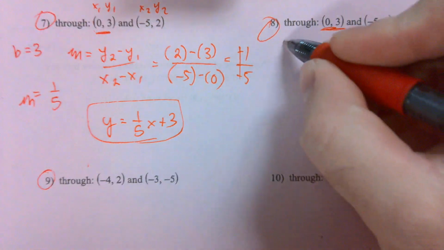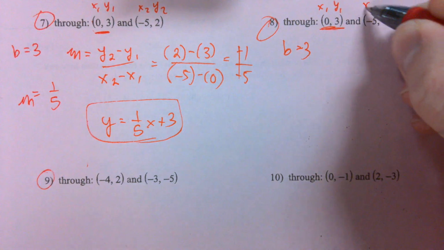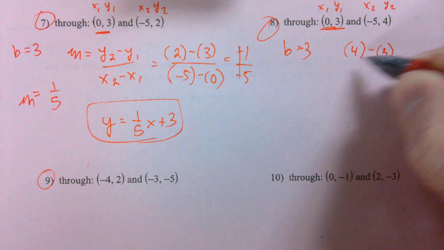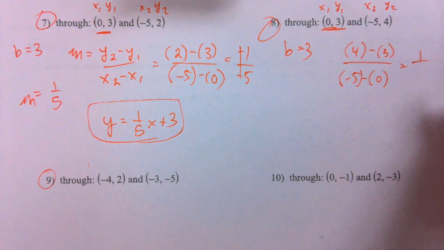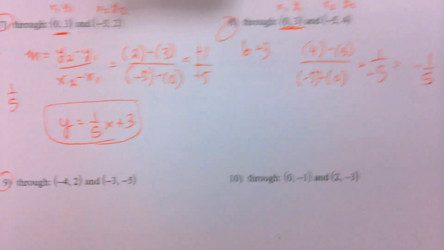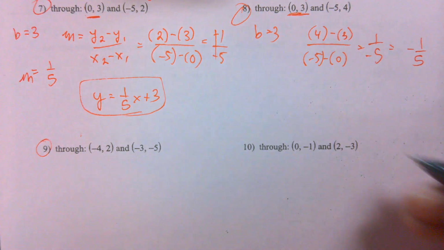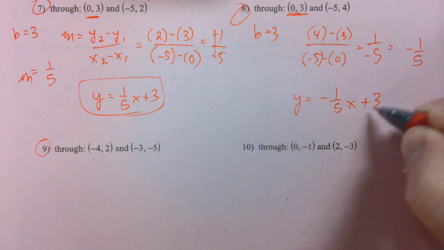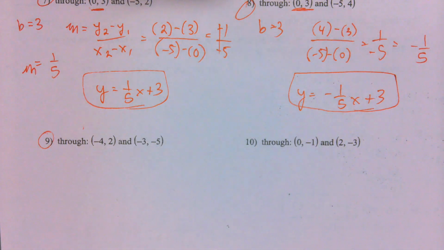So we can see from our first point that b is equal to 3. x1, y1, x2, y2, 4 minus 3 over negative 5 minus 0 gives me 1 over negative 5, which is just negative 1 over 5. Almost the exact same equation, except we've got a negative slope this time with that same y-intercept of positive 3.